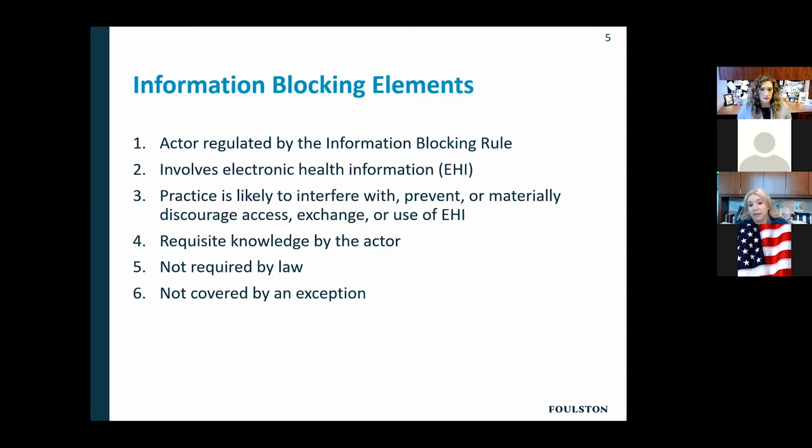The practice has to be one that's likely to interfere with, prevent, or materially discourage access, exchange, or use of EHI. You have to have the intent, the requisite knowledge, that you are trying to actually block somebody from getting access to the information. The information blocking cannot be required by law, and then it's a situation where there may not be an exception that applies.